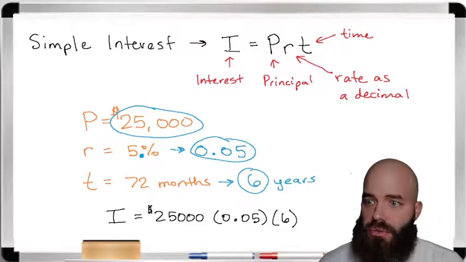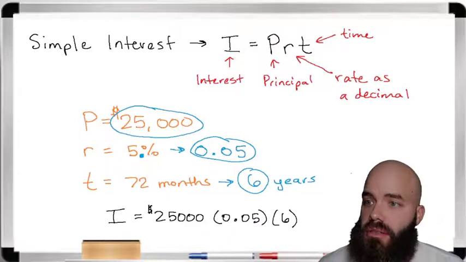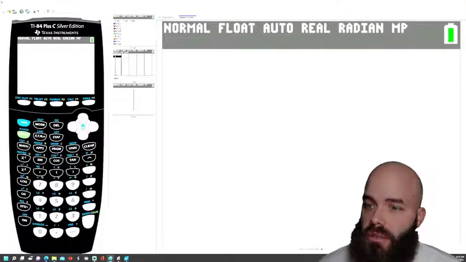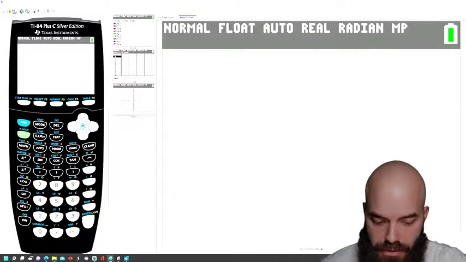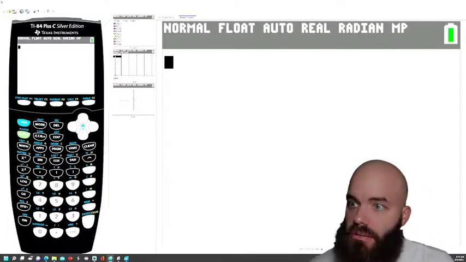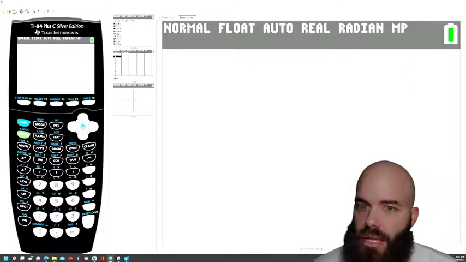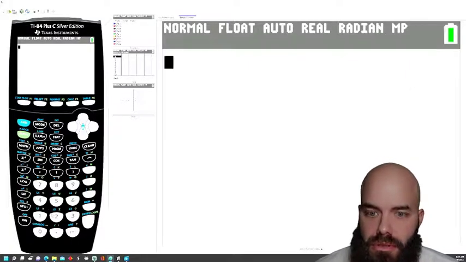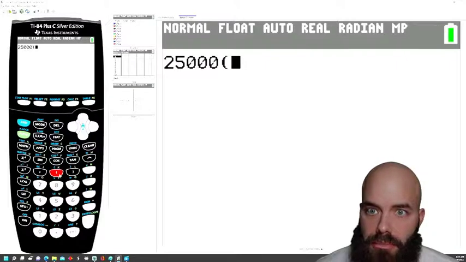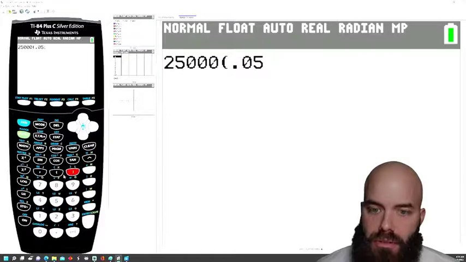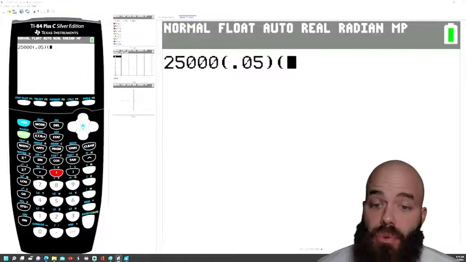All right, so let's go over to our calculator. All right, and let's type in 25,000. Let's see if my keyboard doesn't type it in. So I have to do it with my mouse. 25,000 times 0.05 times 6.